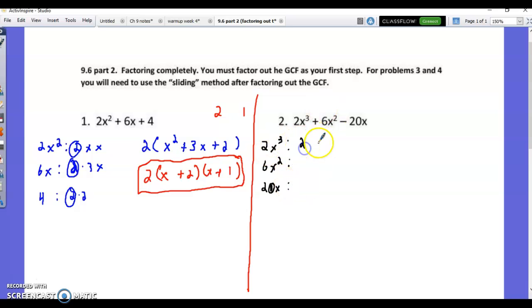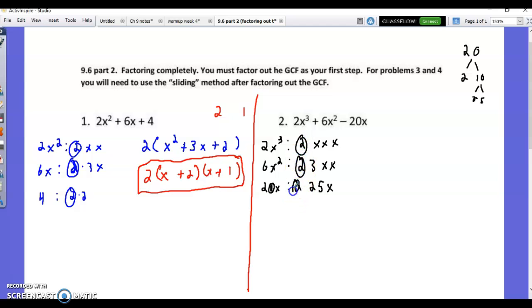So I have 2 and then 3 x's. I have a 2 and a 3 and 2 x's. And then 20. We have a 2 and a 10, 2 and a 5. So it's 2 2's and a 5. And then 1x.